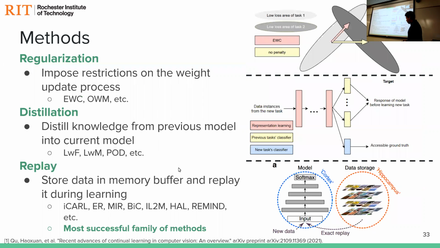There are a lot of methods for this. I won't go over all of them, but only over these 3 different ways of solving this issue, or at least diminishing it. One is called regularization. What you do here is impose restrictions on your weight updates. That means that if I have a network on task 1, I know that this is the space where my weights should land to solve that task.